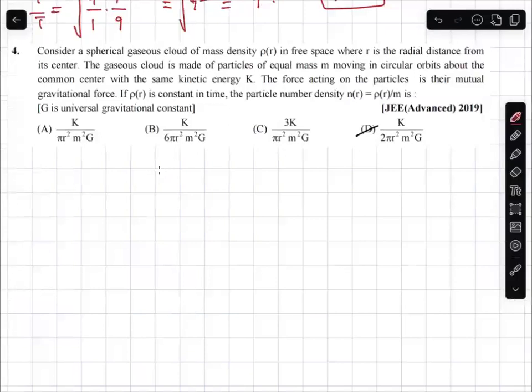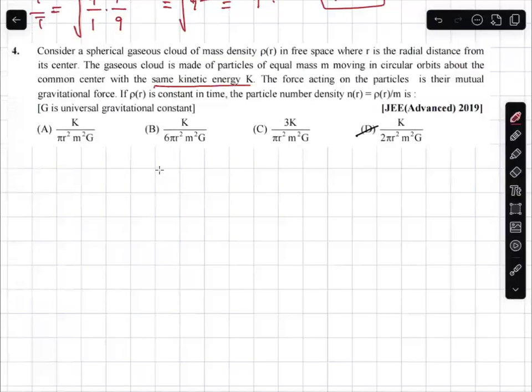Consider a spherical gaseous cloud of mass density rho r in free space, where r is the radial distance from its center, and the gaseous cloud is made of particles of equal mass m moving in circular orbits about the common center with the same kinetic energy. That is an important term. The force acting on the particles is their mutual gravitational force.